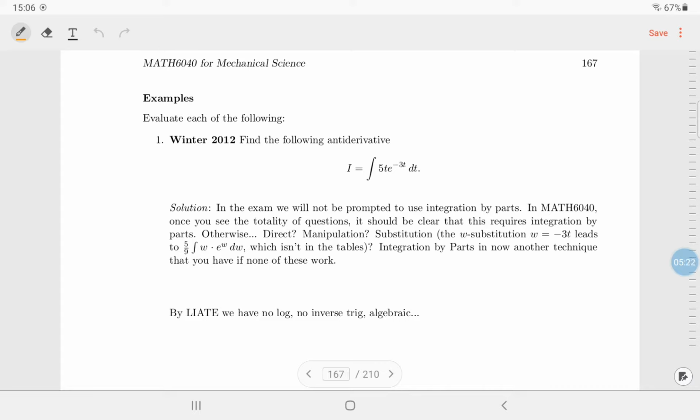If you're trying to anti-differentiate u times v, you can't just anti-differentiate u and then multiply by the anti-derivative of v. They're not equal. It's similar to the product rule: the derivative of x times sine x is not 1 times cos x.